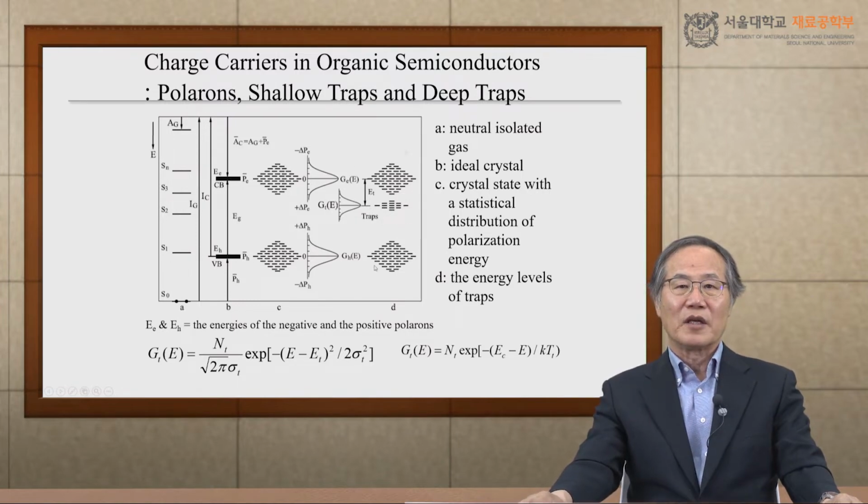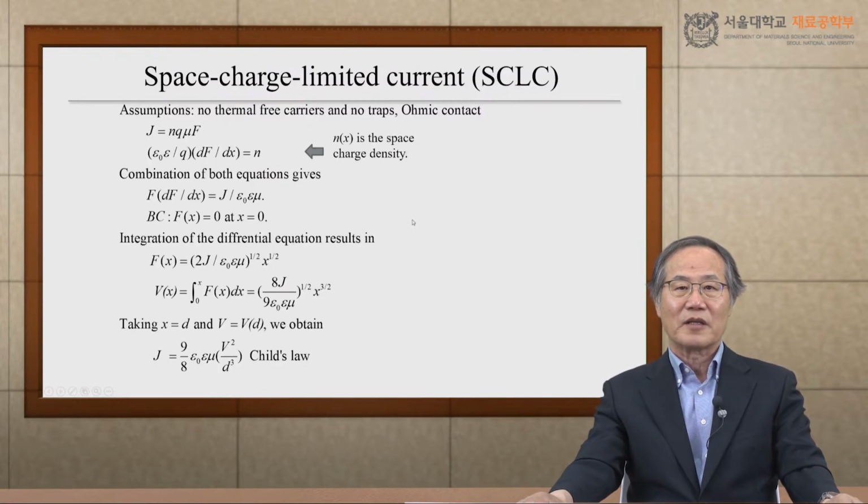So in our case, we have this kind of disordered energy diagram in an amorphous molecular solid with some doping process and traps.